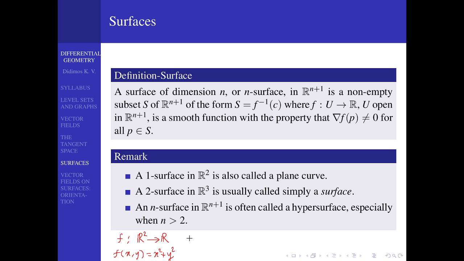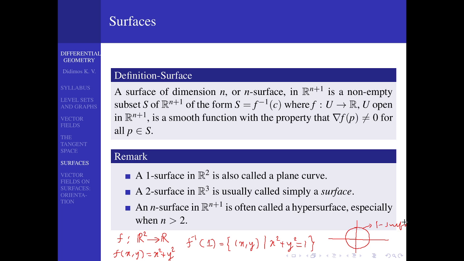If we consider f^(-1)(1), that gives the set of all (x,y) such that x^2 + y^2 = 1. This is an example of a one-surface. This is nothing but our unit circle in R^2.